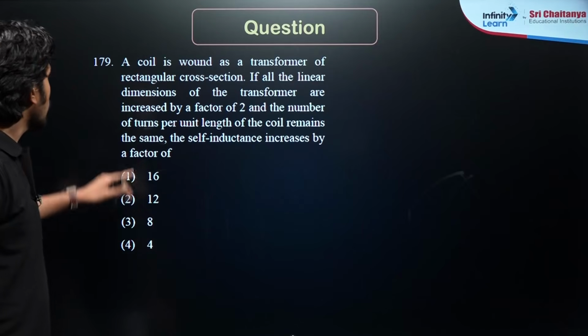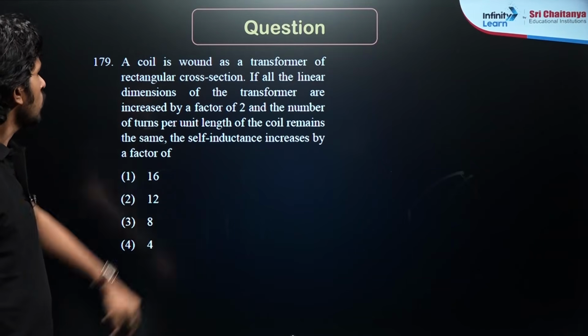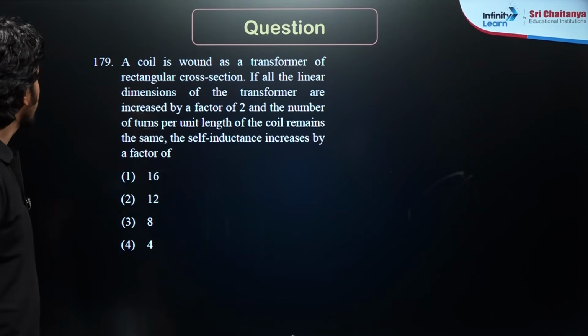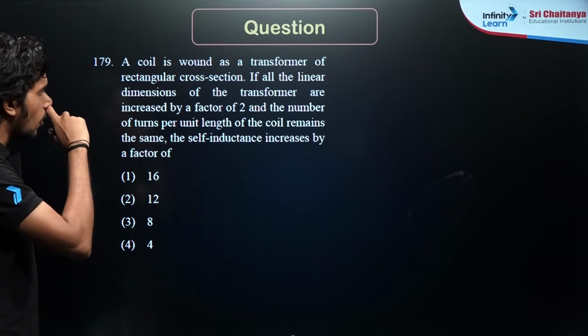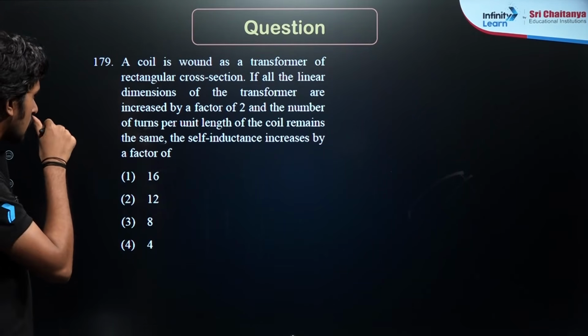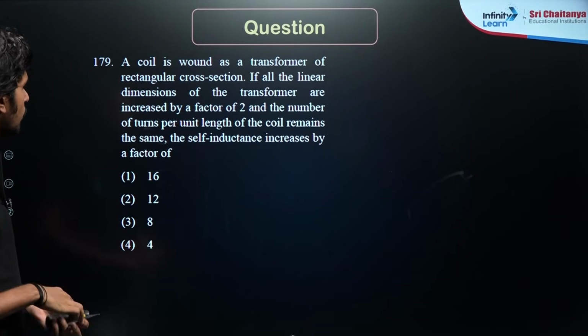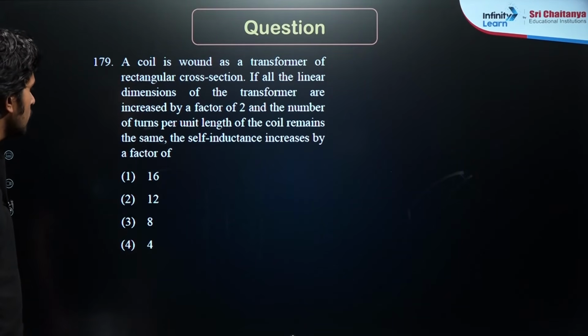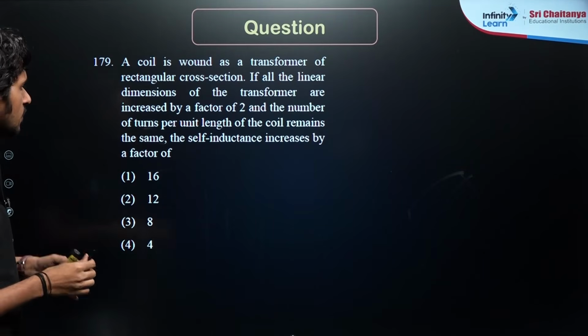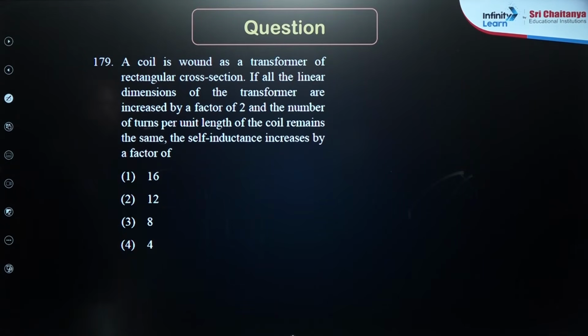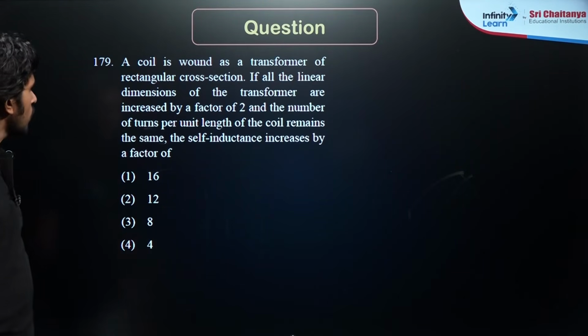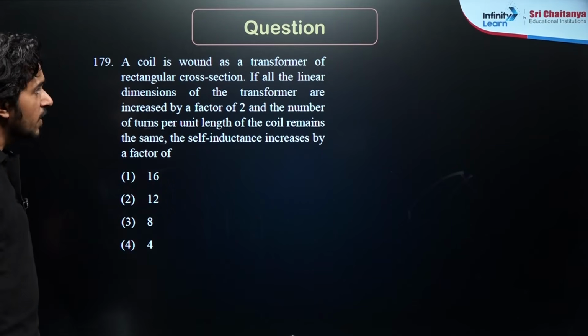Then we have a coil wound as a transformer of rectangular cross section. If all the linear dimensions of the transformer are increased by a factor of 2 and the number of turns per unit length of the coil remains the same, what happens to the self inductance?